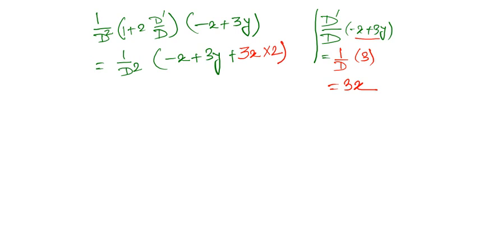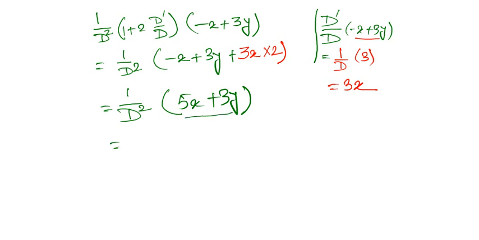Now let me get back my color. So ultimately you are getting 1 by D square into 6x minus x, so that will be 5x plus 3y. Now what you have to do, you have to integrate twice this expression with respect to x.